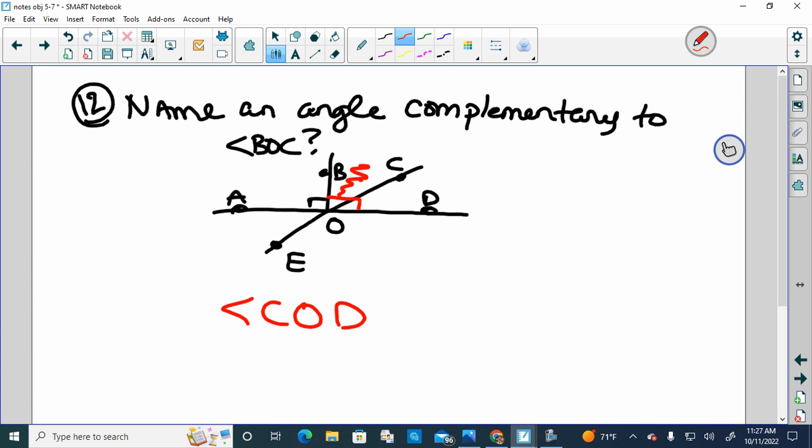Don't write this, but I just want to make sure you're recalling this. Remember, there's different ways to write angles. I could actually write this as also what? DOC. Can I write it as angle O? No. Why?